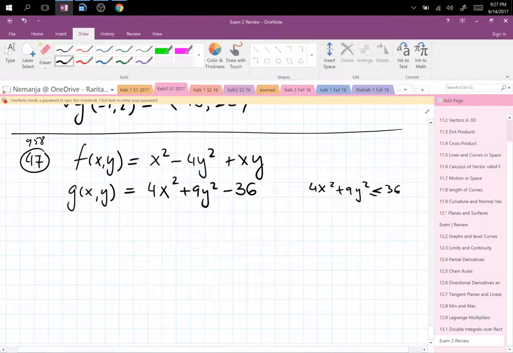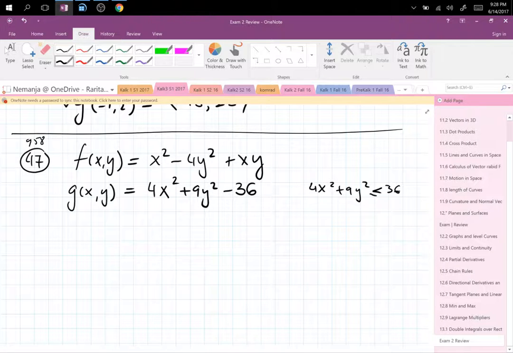So guys, this is an ellipse, a cookie cutter ellipse that presses into the surface x squared minus 4y squared plus xy and gets that shape out. So it's an elliptical piece that will have a whatever wrinkly top.